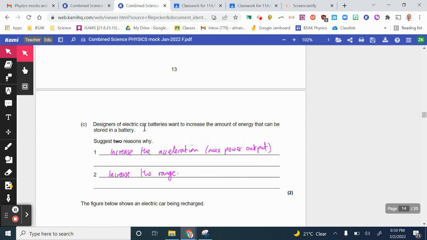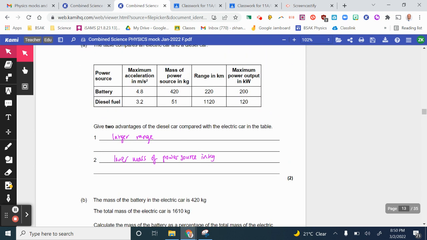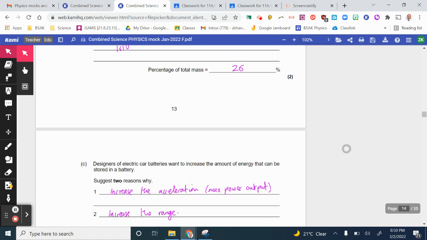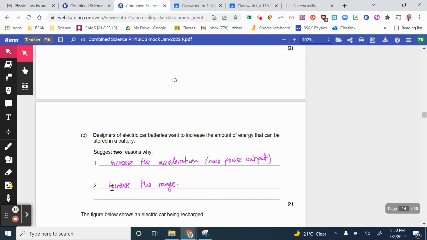Designers of electric car batteries want to increase the amount of energy that can be stored in the battery. Suggest two reasons why. Okay, so if we have more energy, then we can have the car moving further for the same battery. So that's one advantage: an increase in range.